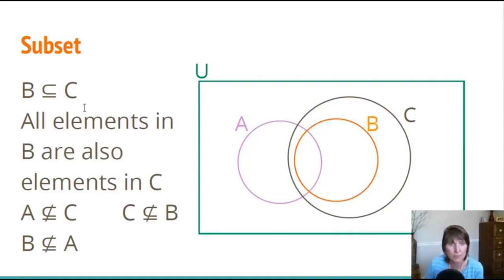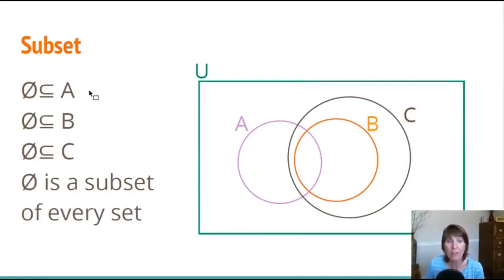So that's a subset. And the way we do that, notice we get a new special character, and that is a subset. And notice that A is not a subset of C because A has some elements that are not in C. And C is not a subset of B because C has some elements that are not in B. And B is not a subset of A because B has some elements that are not in A. So in this particular Venn diagram, the only subset is B, and B is a subset of C. Now, the empty set is a subset of every set.